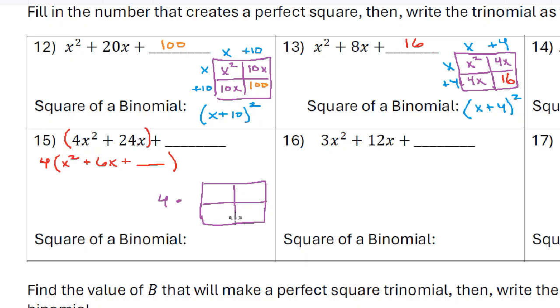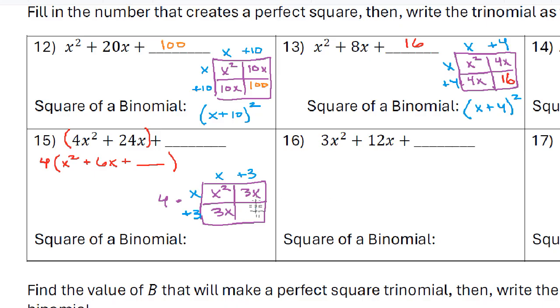There's 4 quilt squares. Here's what we have. We've got x squared in the upper left. 6x divided by 2 is 3x. Now there's our 6x divided up into 2 equal parts. That means the dimensions of our quilt square are x times x is x squared, x times 3 is 3x, x times 3 is 3x. That verifies it's a square.